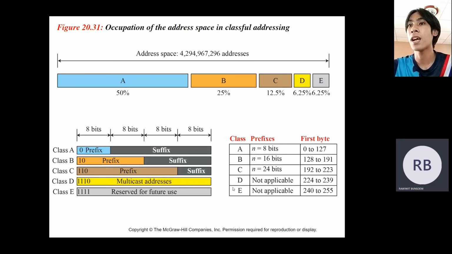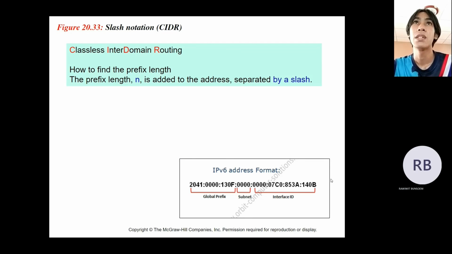Class E prefix is not applicable, and the first byte is 240 to 255.